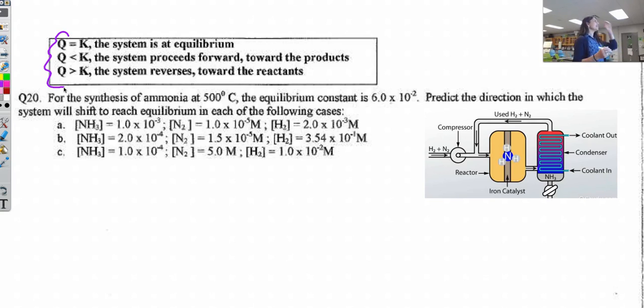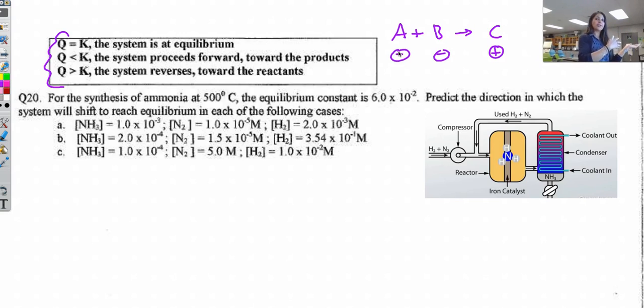If Q is less than K, then your system's going to go forward. That means if I have A plus B yields C, for example, then in my change step, I would be adding on my product side and subtracting for my reactants. If Q is greater than K, then my reaction needs to go in reverse.